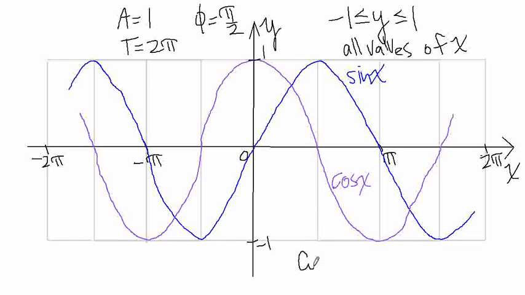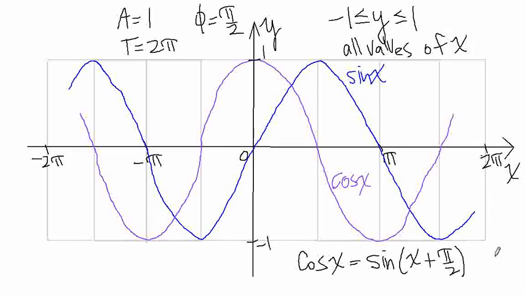We can say that the cosine function is equal to the sine function with the following transformation applied. Adding pi over 2 to the argument of the sine function makes it correspond to the cosine function. That's because adding pi over 2 that way is equivalent to shifting the curve to the left by pi over 2. All right?